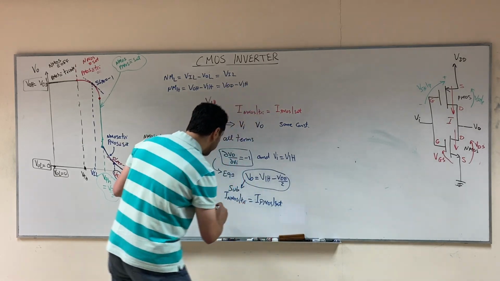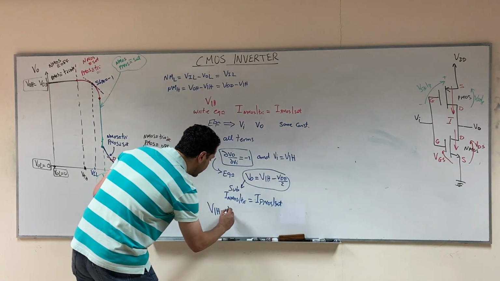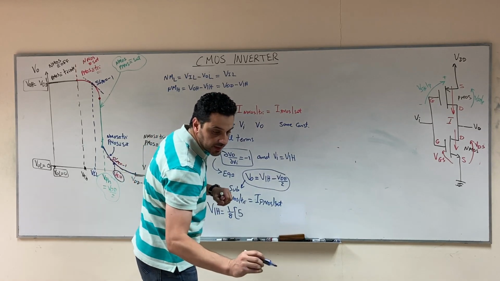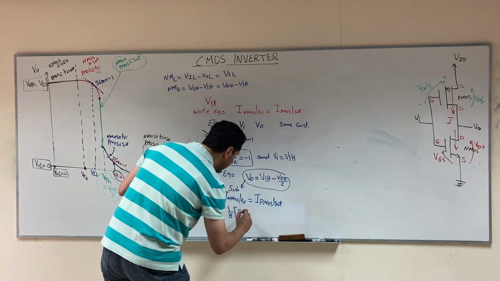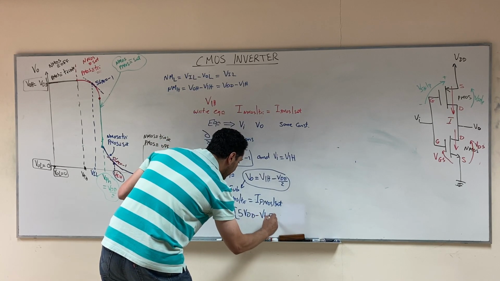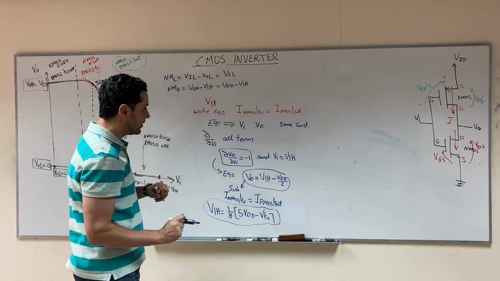VIH will be 1/8 (5 VDD minus 2 V threshold). You will find that VIH will be of this value.